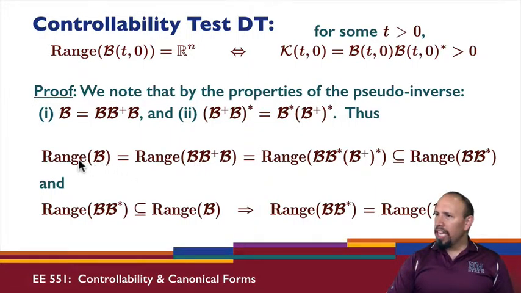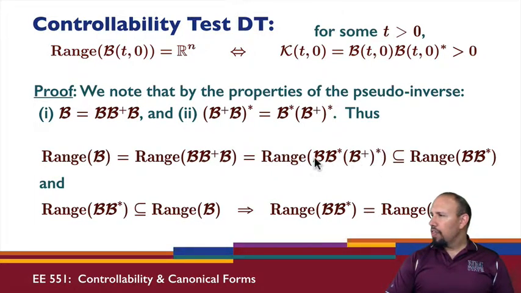And so if we look at the range of B, because B satisfies this, it's equal to the range of B pseudo-inverse B. But B pseudo-inverse B can be shown to be equal to this. Okay, and so notice I have B pseudo-inverse times something.